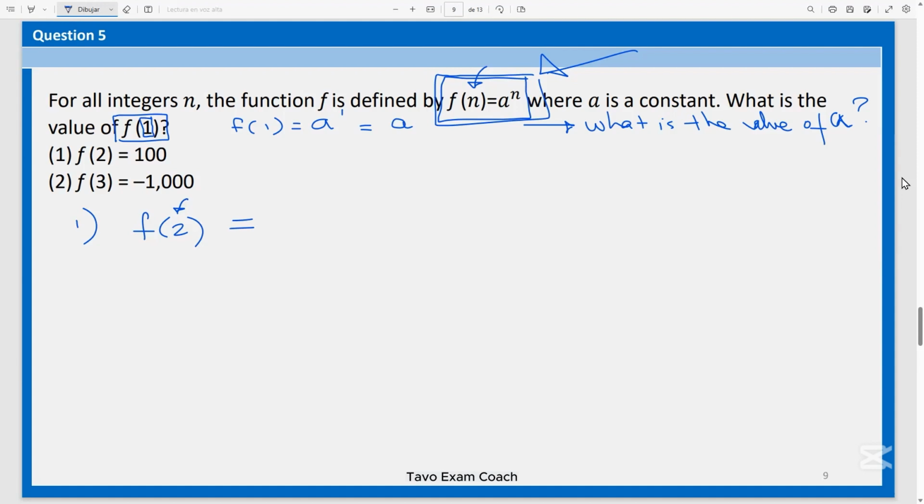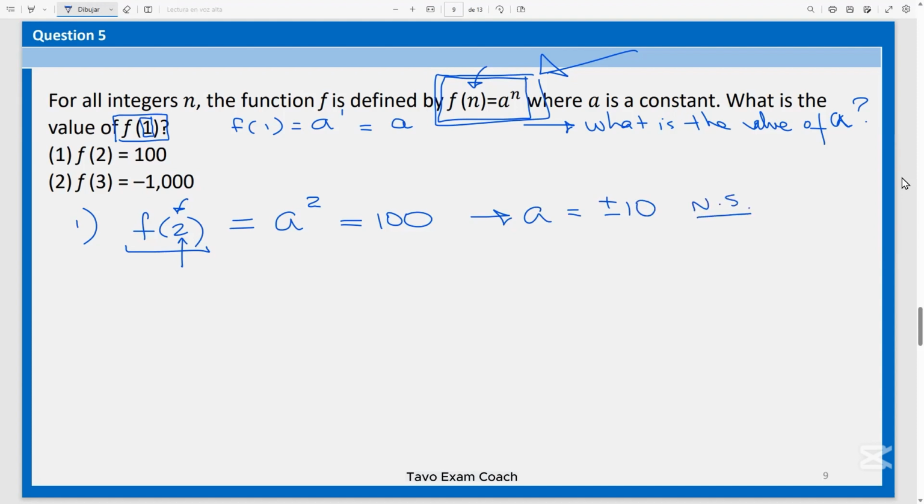Well, as the rule is a up to n, then a up to 2 would be the output of this rule with the input value of 2. So if we know that f of 2 equals 100, that means that a squared equals 100. But that a raised to the exponent 2 equals 100 means that a can be positive or negative 10. So this is not a unique value for a, right?